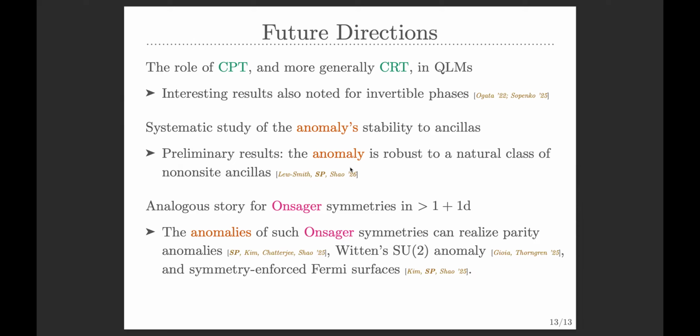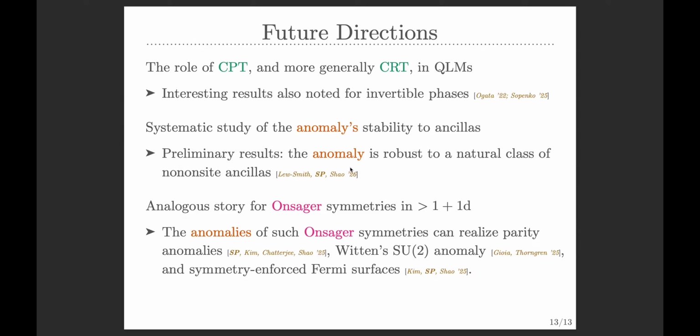Okay, and the last interesting direction that I want to mention is that everything was in 1+1D, but Onsager symmetry also arises in greater than 1+1D, and there are some generalized versions of Onsager symmetries too. In those greater than 1+1D cases, they've also been shown to be related to QFT anomalies. There are examples in 2+1D where you can have some parity anomaly in the IR come from some anomalous Onsager symmetry in the UV.